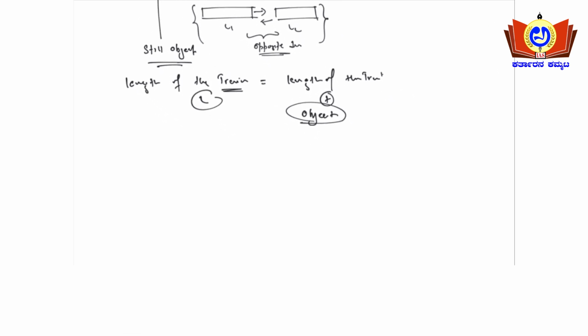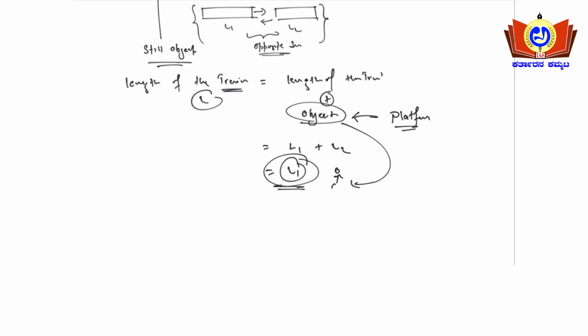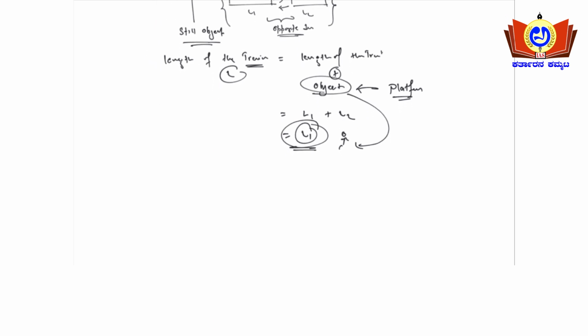If the object is a platform, then the length of the train L1 plus the length of the platform L2. If the object is a person, then the total length will be just L1, because the length of the human is not considered. Only the length of the train will be considered here.